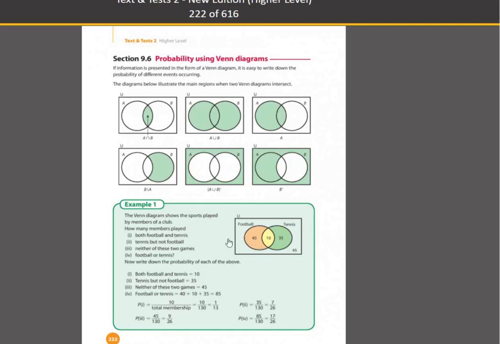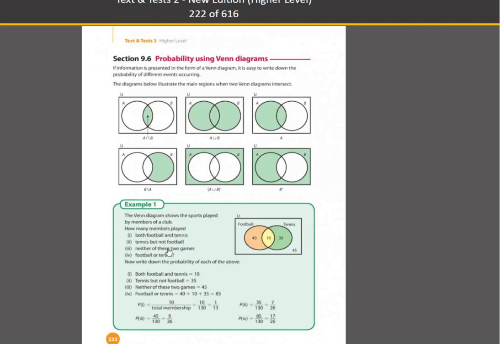So members of a football club: 40 are members of some sport. 40 of them play football only, 35 play tennis only, 10 play both football and tennis, and 45 play neither. So 40 and 10 is 50, 50 and 80 is 130. So there's 130 possible outcomes here.